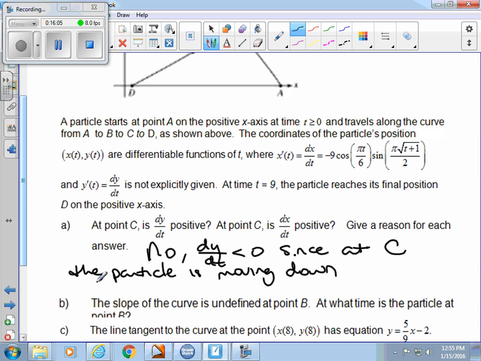It's probably a little overkill with the words, but that's okay. And then no, dx dt is less than 0 since at C, the particle is moving left.